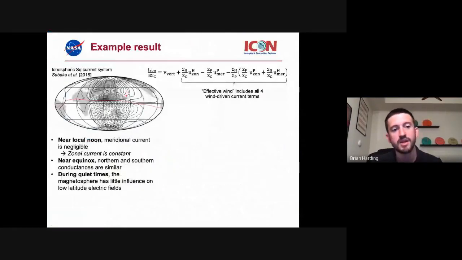But if you're going to do that, you want to zoom out, because at other local times you get a lot more non-local driving. So, for example, the winds at the terminators can cause electric field variability somewhere else, because the dynamo is a coupled circuit. It's not this simple circuit that I showed before. It's a bunch of circuits all connected to each other. But that's certainly something we're looking at.